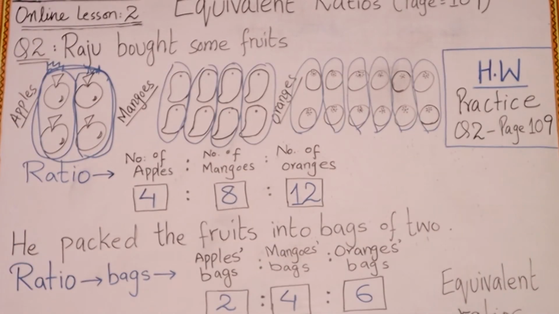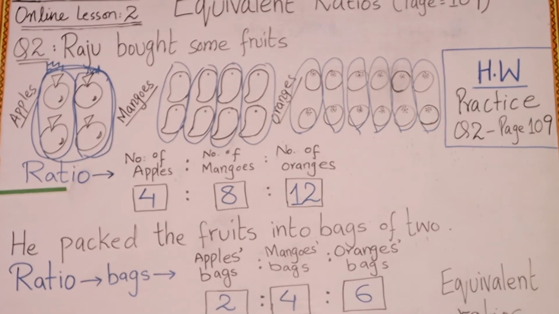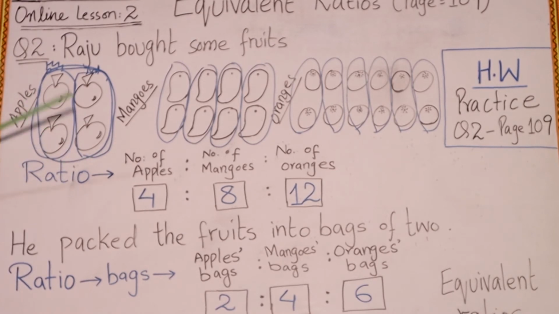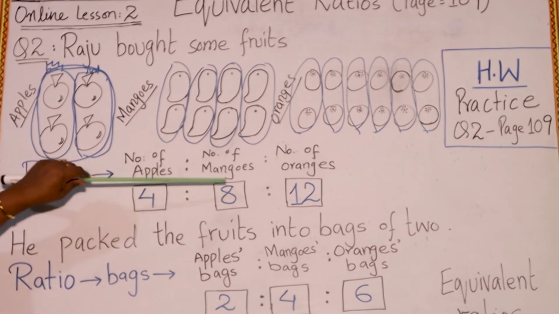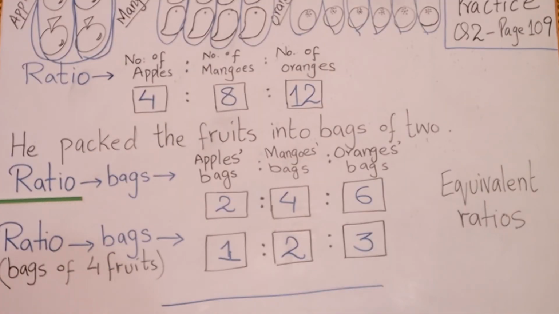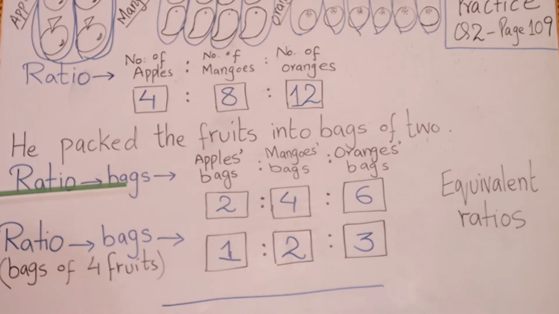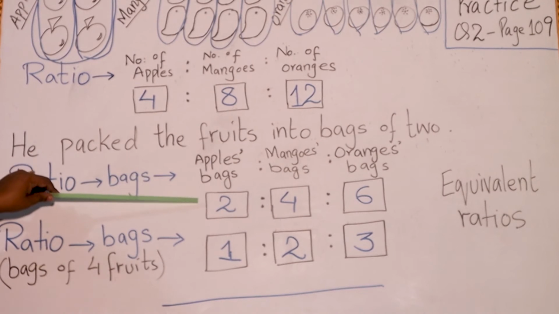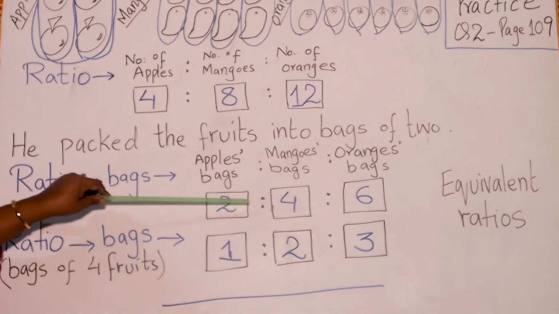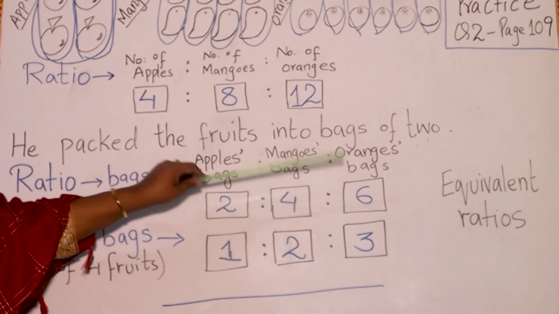Now, if you observe the first ratio in which we compared the number of fruits, apples, mangoes and oranges, we get 4:8:12. Then he put 2 fruits each in a bag and the ratio of bags we got was 2:4:6.